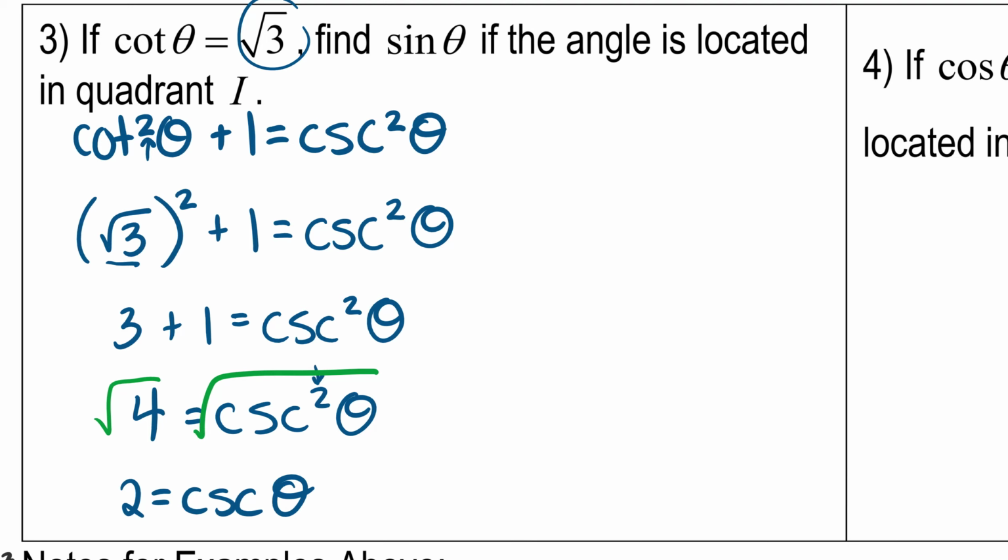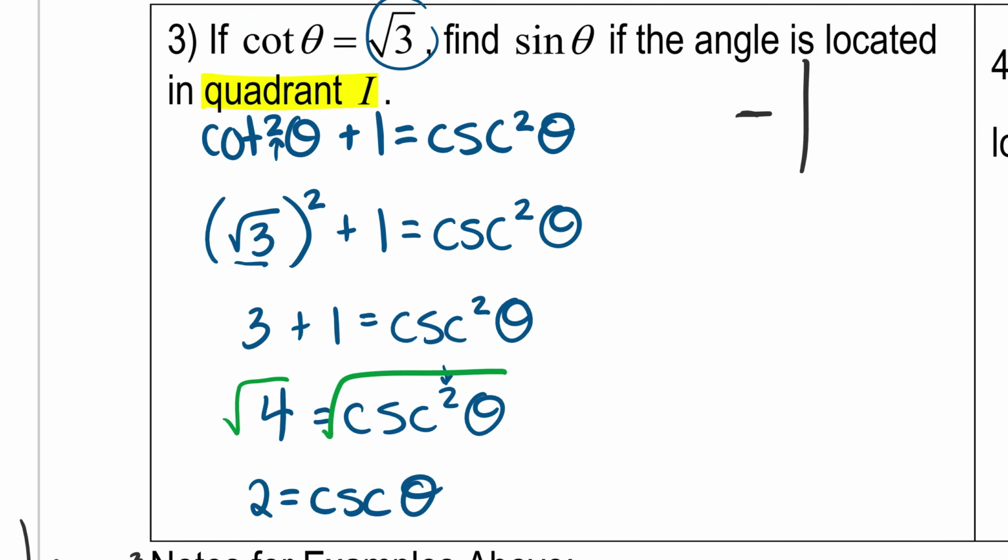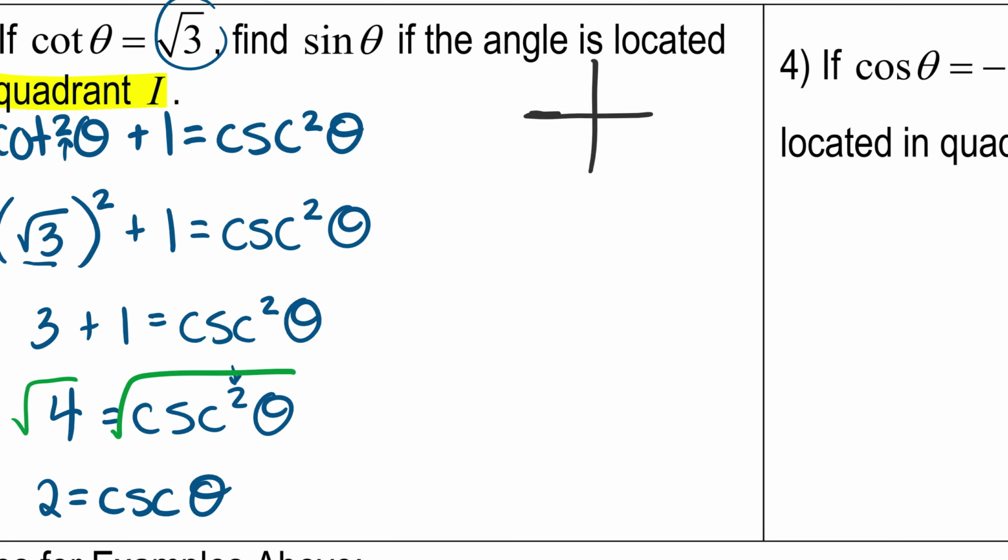The other thing, though, is, maybe you're probably wondering, why does it mention quadrant 1? Quadrant 1 will tell you, depending on what I'm looking for, if it's positive or negative. So if I have the little chart that we did earlier in section 5, yeah, section 5, we have the little chart.